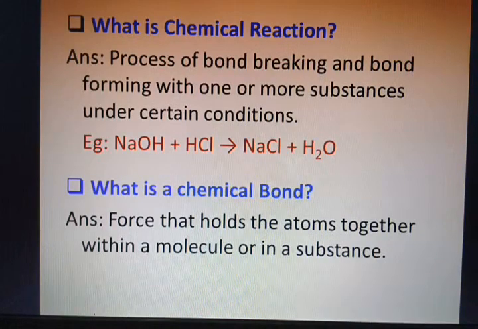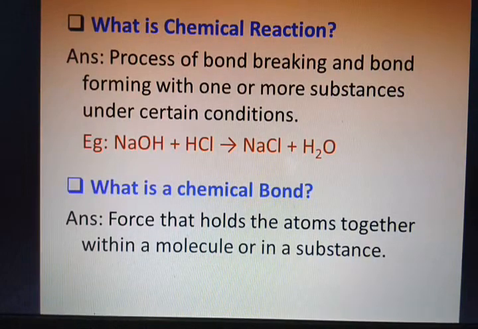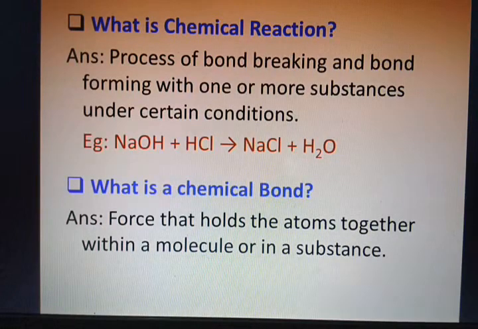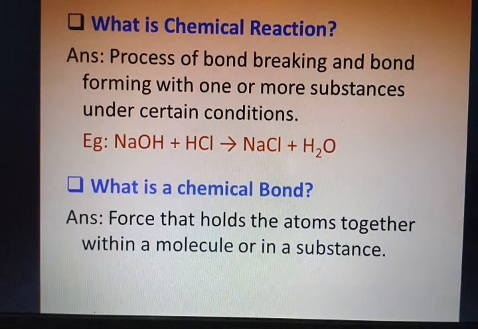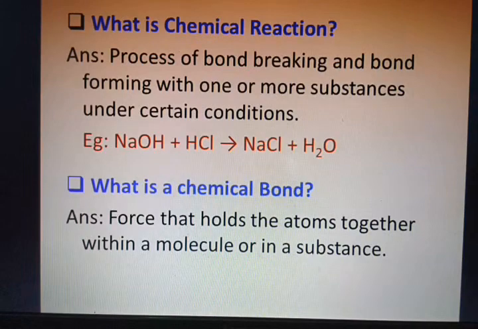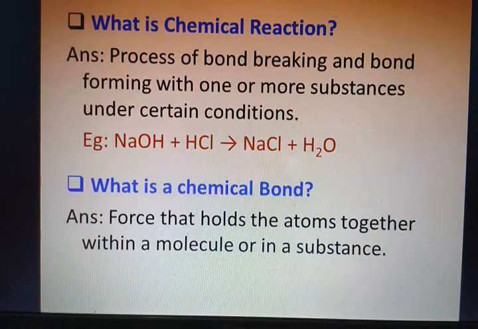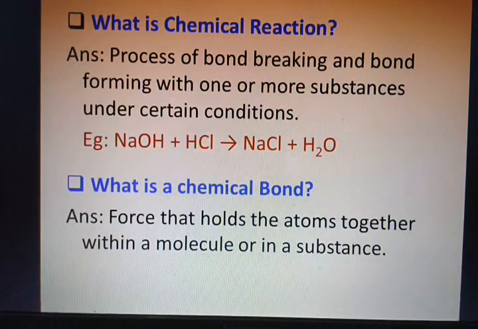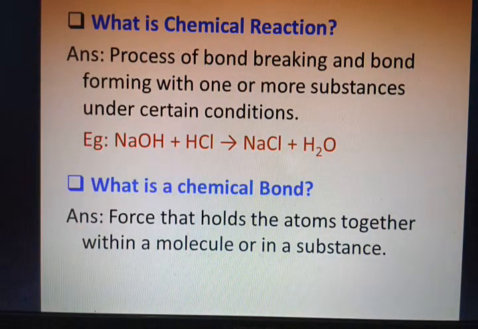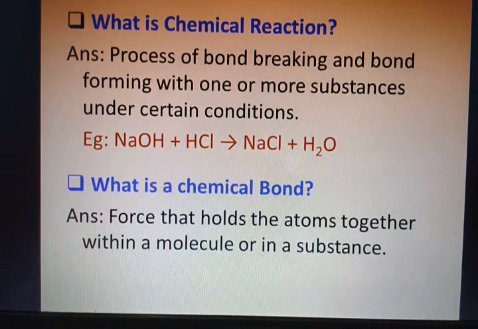The chemical properties of the reactants and of the products are not unchanged, not at all. They get totally changed. So the properties before the reaction and after the reaction change completely. That's how we identify the formation of a new substance.